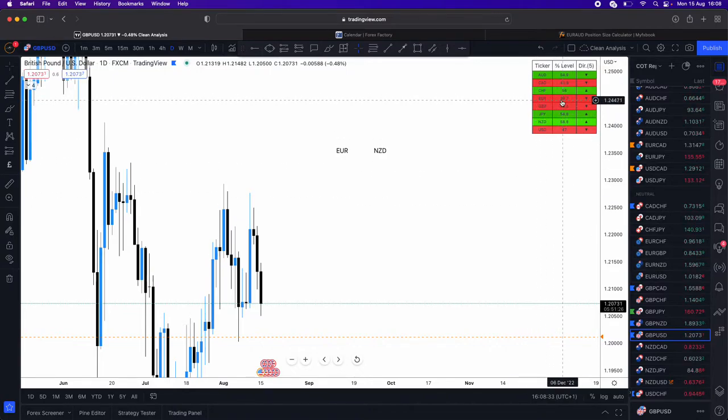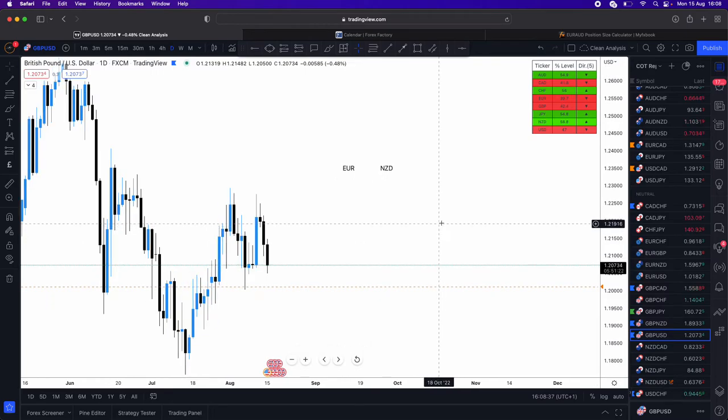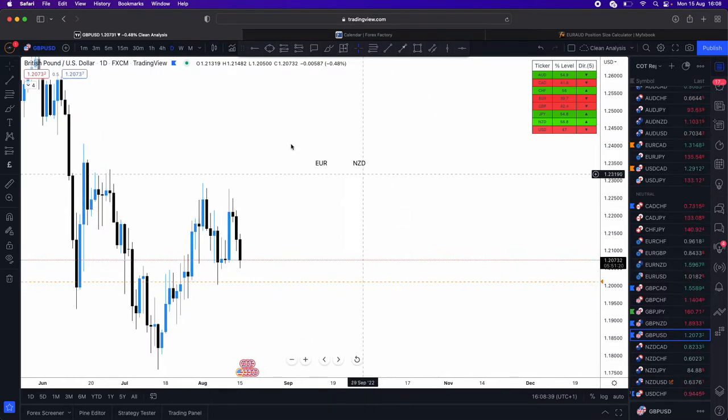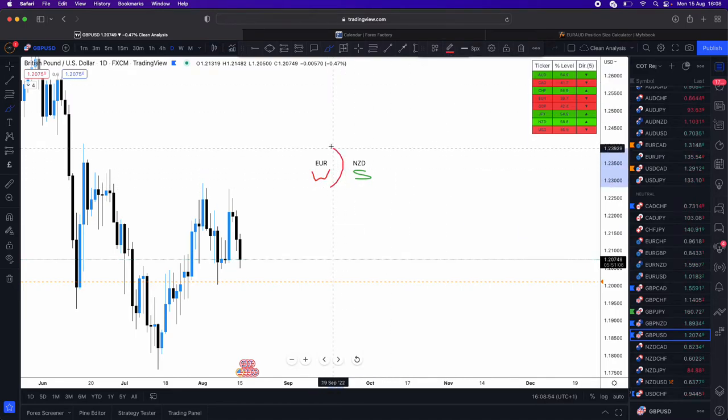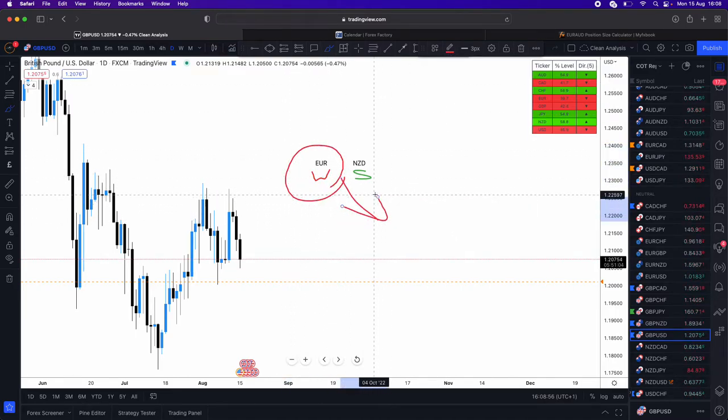So euro's the weakest, NZD is stronger. So if we were to go and look at the Euro New Zealand daily chart, then what should we see? If the Euro's strong, sorry, it's weaker, isn't it? If the Euro's weaker, because it's first in the pair, we should see this coming down.